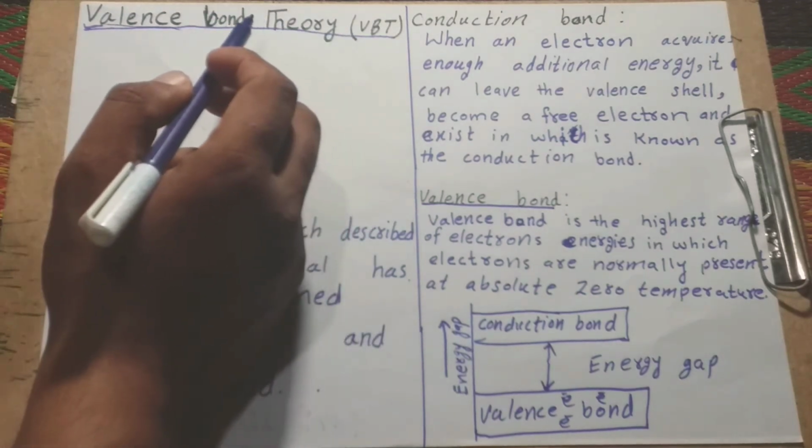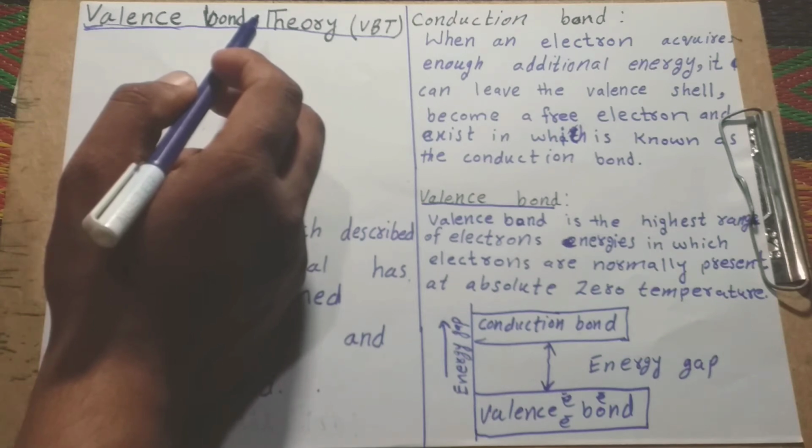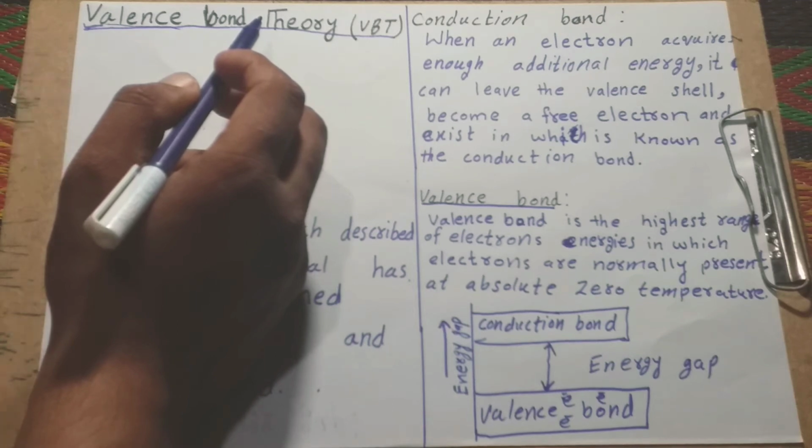Valence bond theory means the bond forms after sharing of outermost electrons and overlapping with each other.